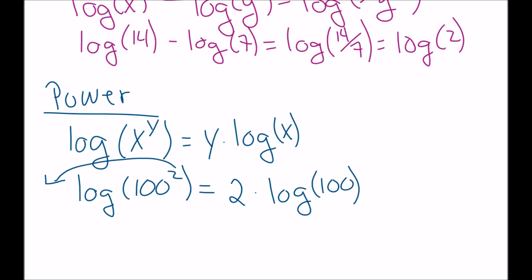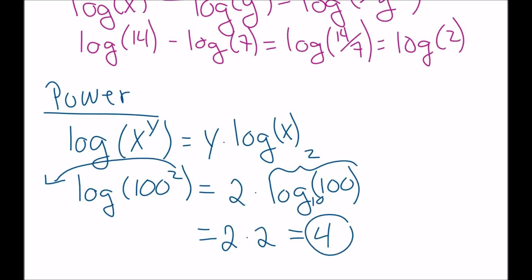Just as a refresher, this is log base 10, so we still bring that 2 down, and we know that 10 squared equals 100. So this part is equal to 2, and we have 2 times 2, which equals 4. So that one simplified way down.